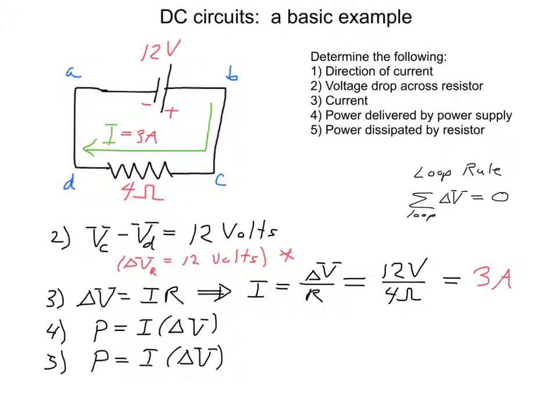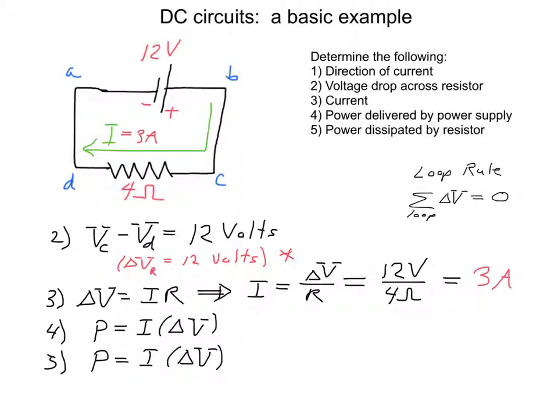Okay, let's find the power delivered by the power supply and also the power dissipated by the resistor. Now, we've got the same current passing through this entire circuit because it's all in series. So there's no splitting at any junction, so the junction rule says at any point in this circuit, current in equals current out.